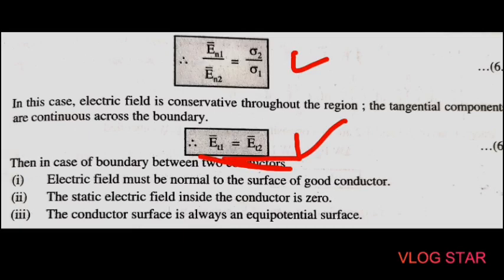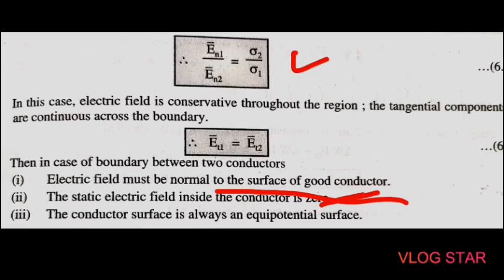Okay. So in case of the boundary between two conductors, the first point is that the electric field must be normal to the surface of a good conductor. The second point is that the static electric field inside the conductor is always 0. And the third point is that the conductor surface is always an equipotential surface. These are some key points regarding the boundary condition between two conductors.